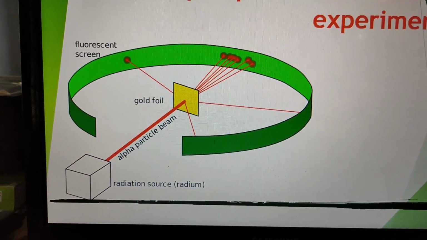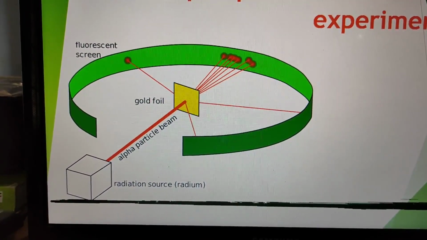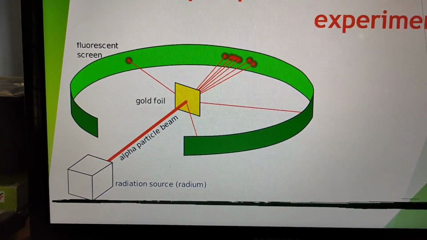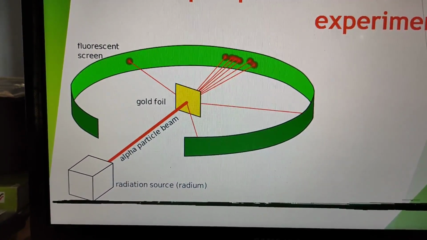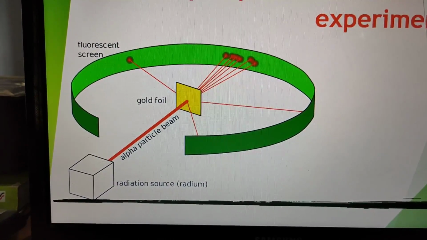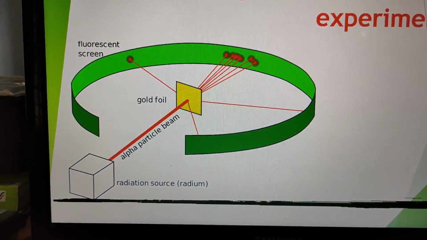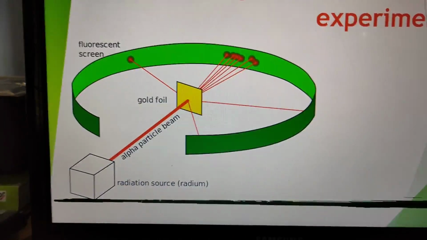When it comes to 90 degree, the number is decreasing, and at 180 degree, the number is the least. This shows that as the angle of scattering increases, the number of scattered alpha particles decreases.